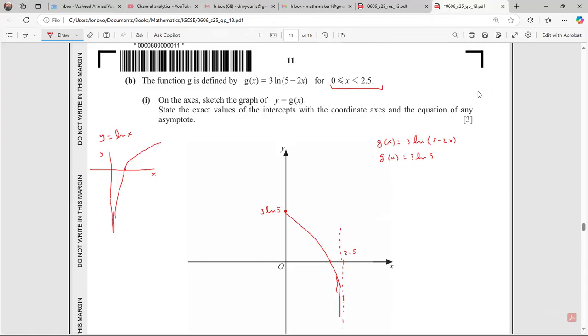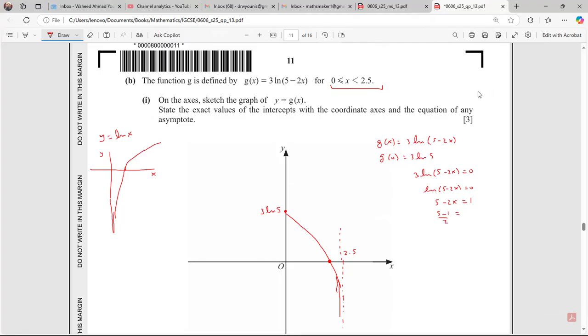Okay, when y is 0, this 3 log (5 minus 2x) is equal to 0. So it means log of (5 minus 2x) is 0, and log of something is 0 when this thing is 1. So 5 minus 2x must be equal to 1, which means that 5 minus 1 is equal to 2x.